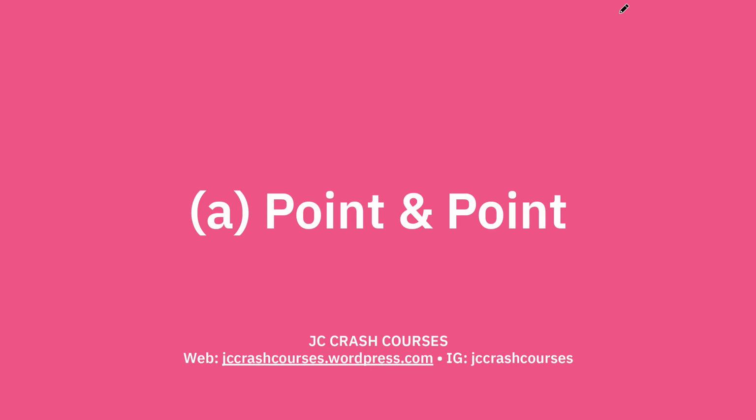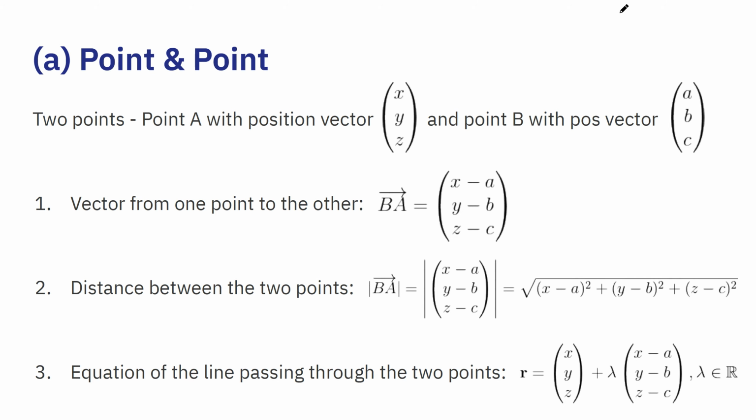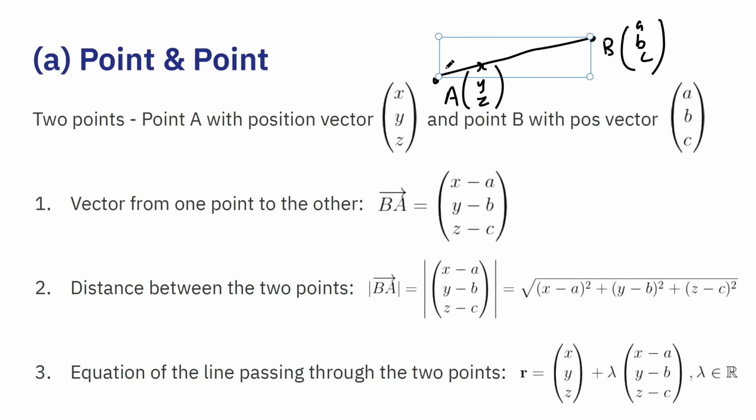Okay, so we'll first start with part A, point and point. What we mean by point and point is given any 2 points, say point A with a positional vector x, y, z. So let's say our point A is over here, and another point B with positional vector a, b, c. If we draw the vector from point B to point A, this is actually equal to OA minus OB.